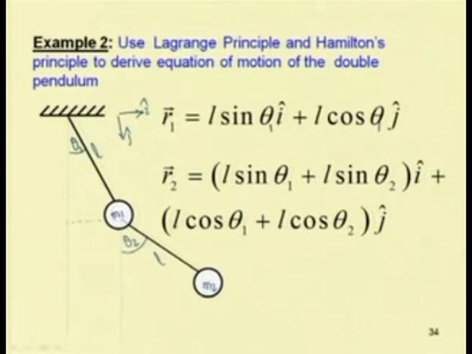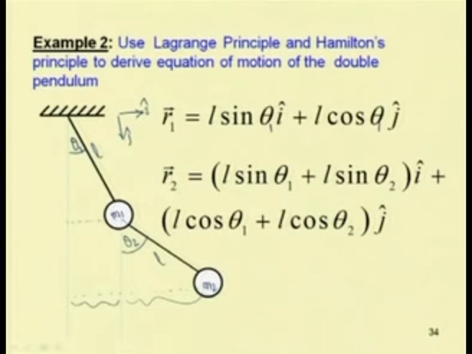Similarly, the position vector of this point can be written as follows. The x component will be from this to this, that means this plus this, and this part we have already found. So, this is L sin theta 1 and this part becomes L sin theta 2.